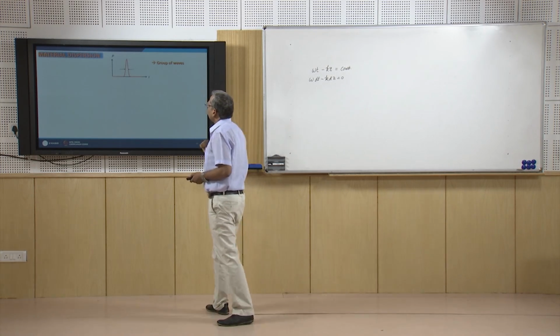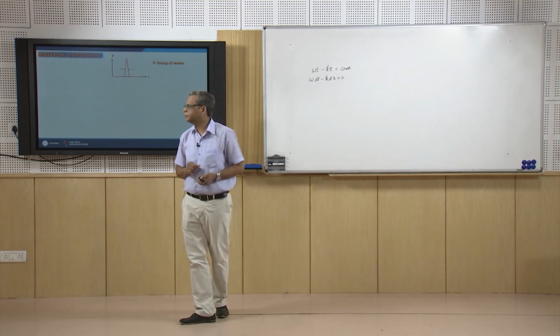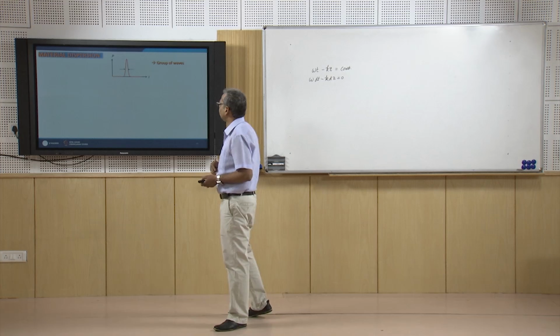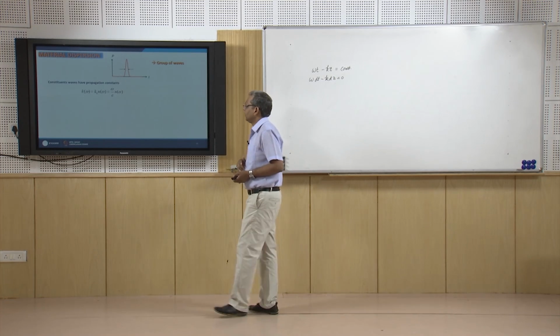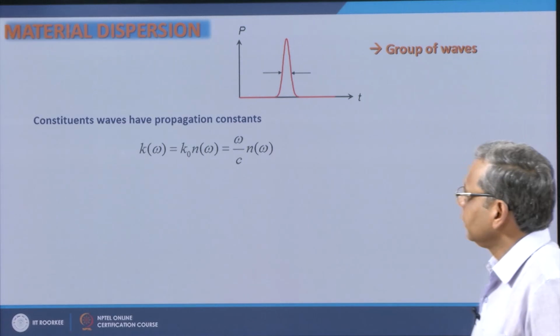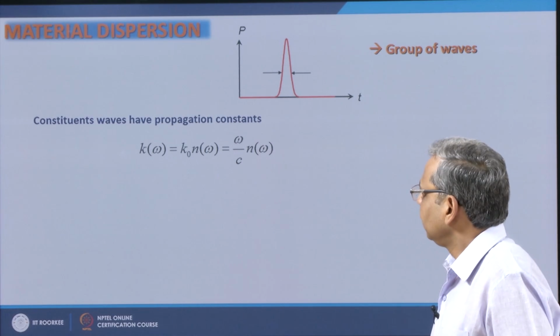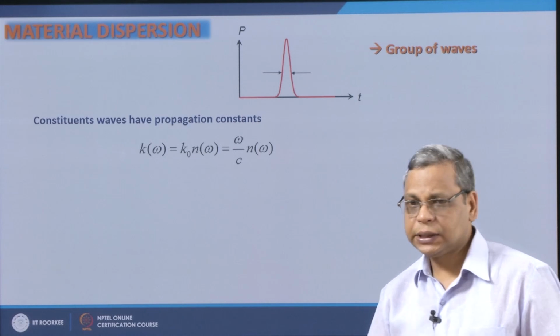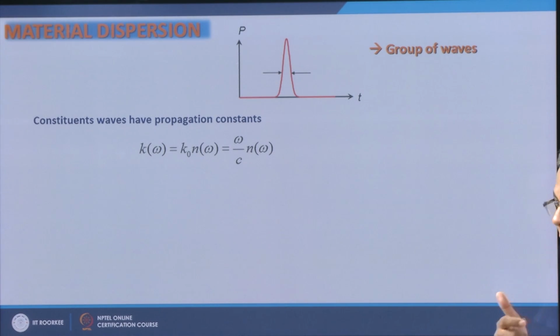So, now if I send this pulse through a material, that material can be the material of an optical fiber, then it is a group of waves. And now I want to find out how the different frequency components travel in this material and what is the implication of that.